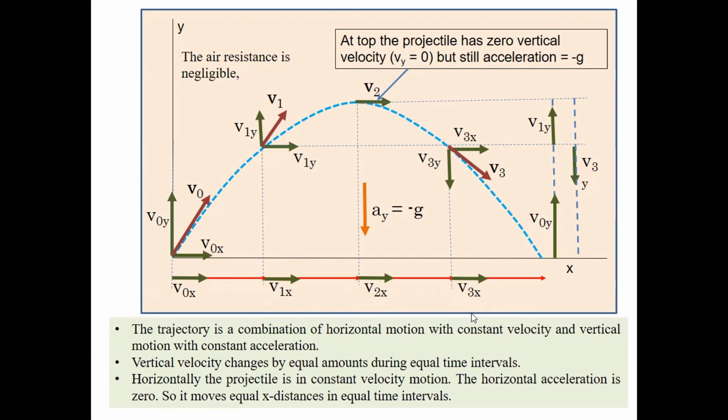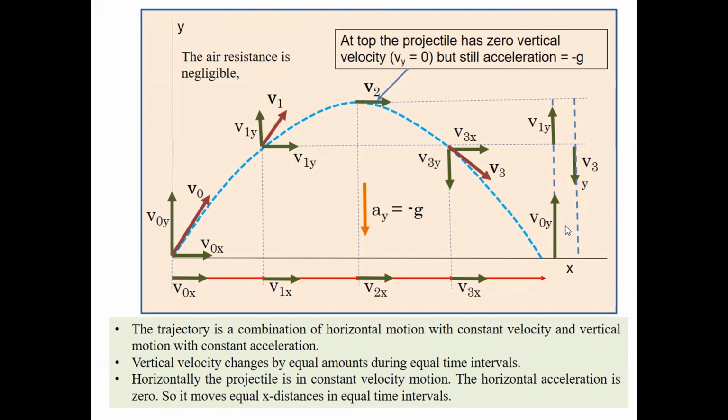The x distance is covered in equal manner, and that's how the velocity remains constant. Because there is no acceleration along the x-axis, this velocity remains constant. However, the vertical velocity is changing. It is high first, and it decreases, and eventually becomes 0, and then it changes its direction and keeps on going.